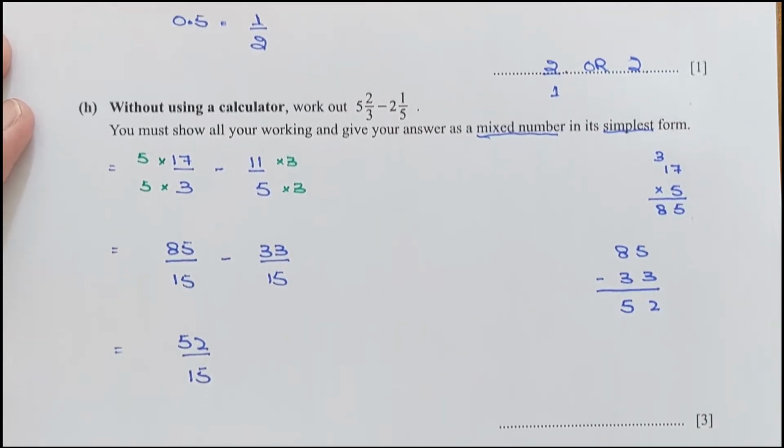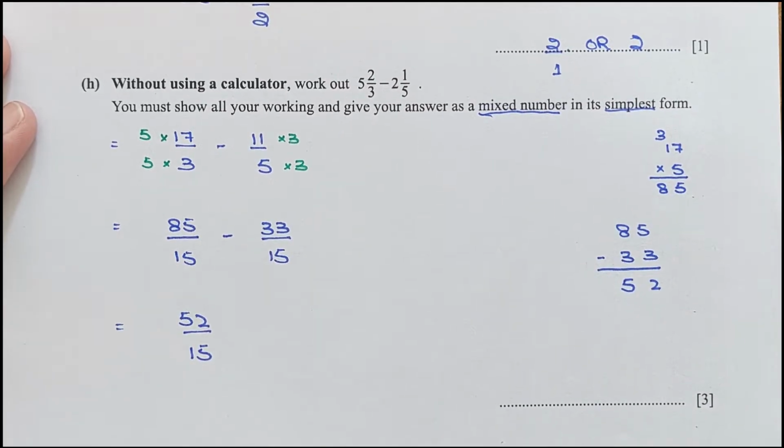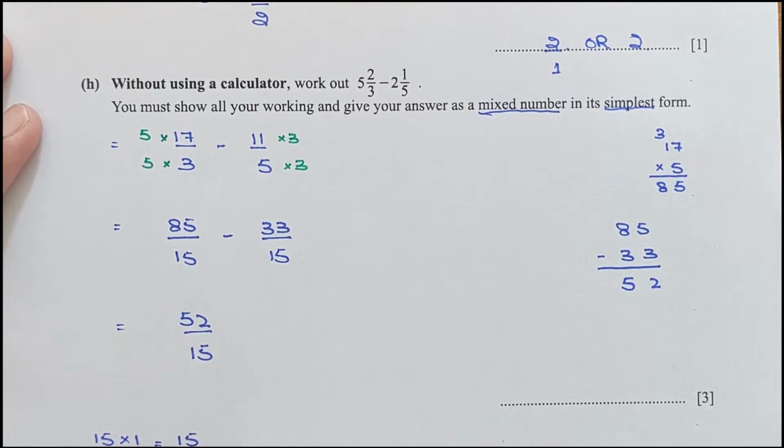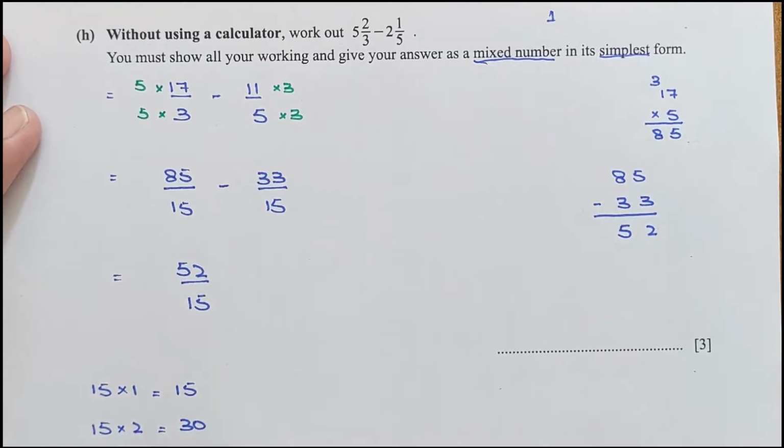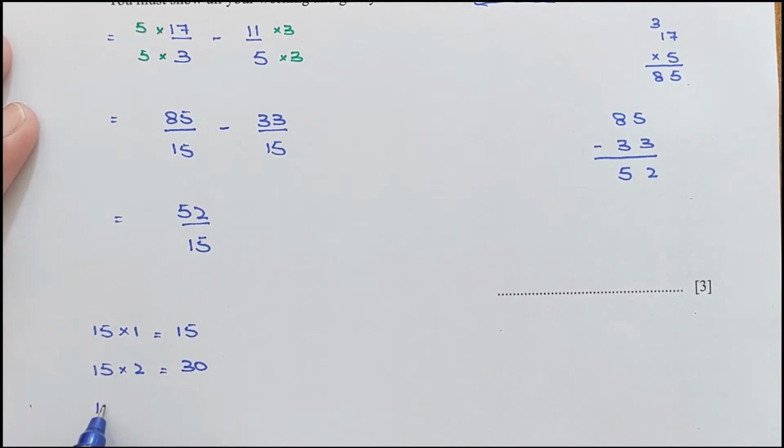Right, now we have to convert it into the simplest form, into a mixed number first. So 15 times 1 is 15. 15 times 2 is 30. And 15 times 3 is 45.